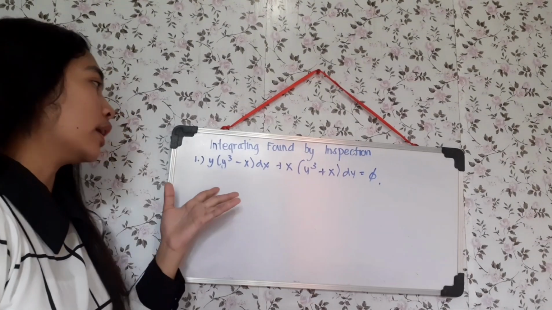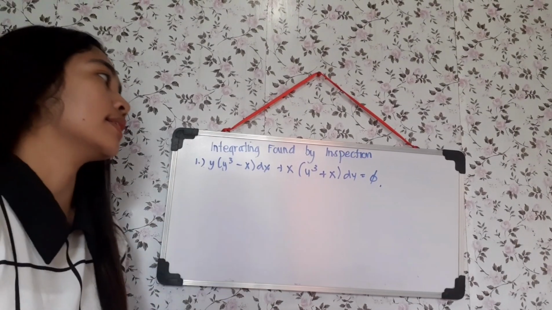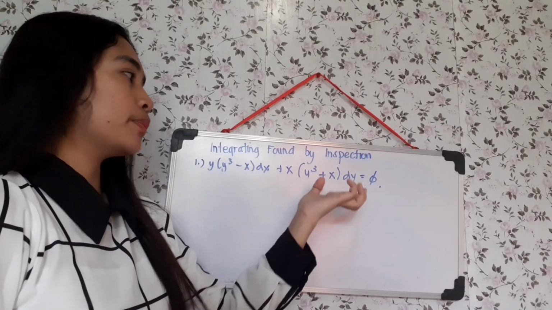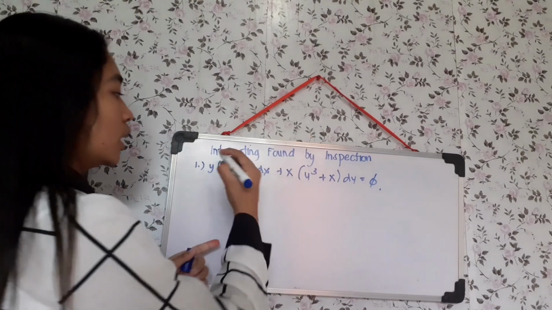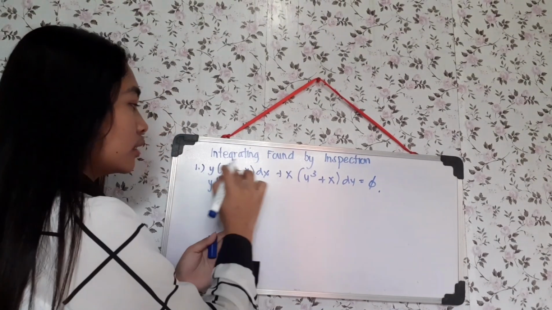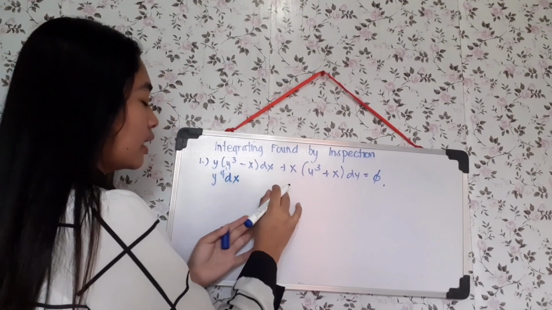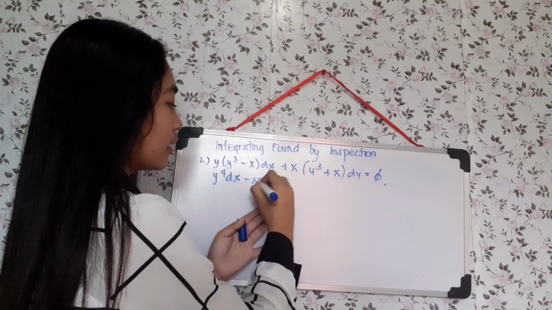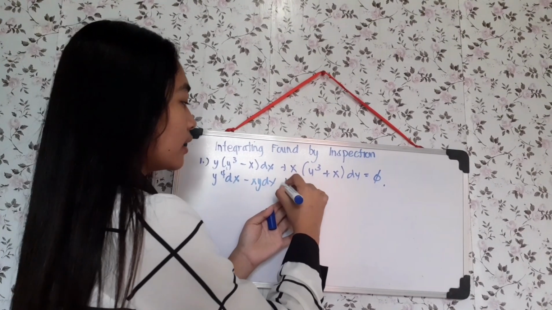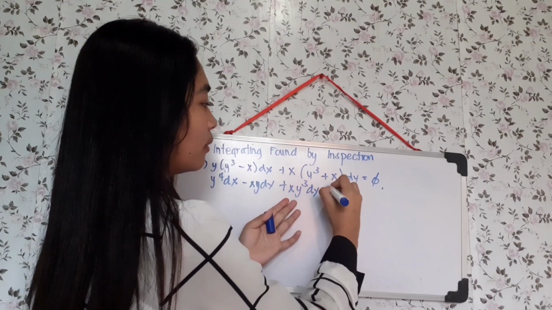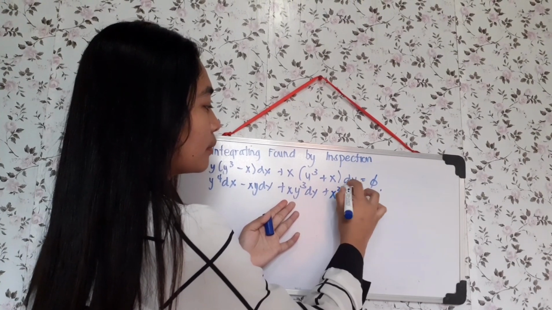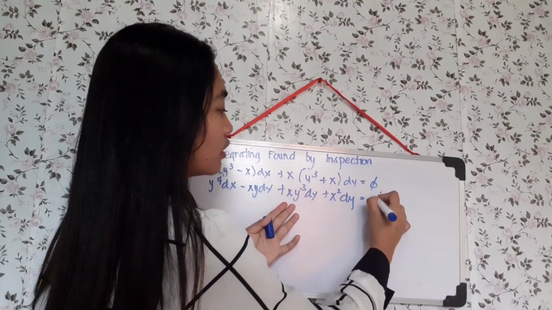So example number 1, we have y times y cubed minus x dx plus x times y cubed plus x dy equals 0. The first thing to do is distribute. So y to the 4th times dx minus xy dx plus xy cubed times dy plus x squared times dy is equal to 0.